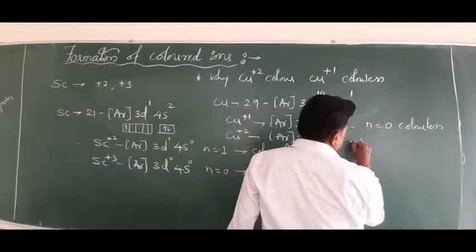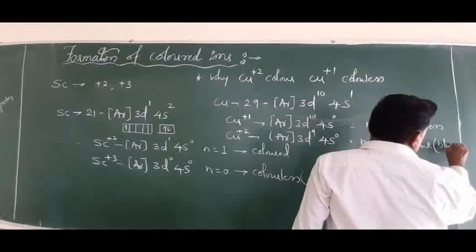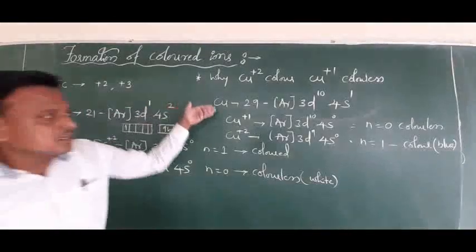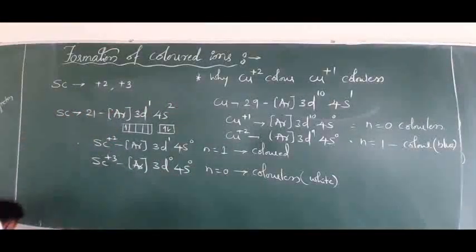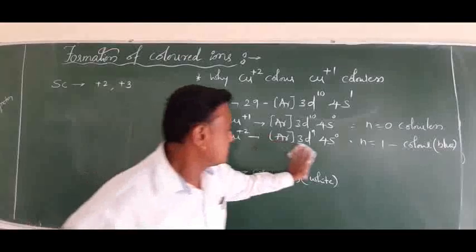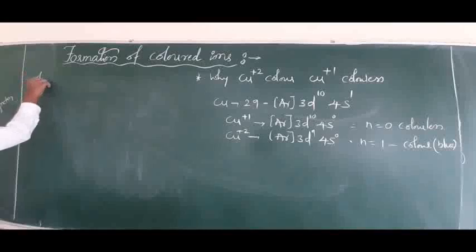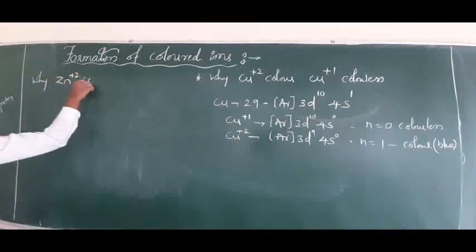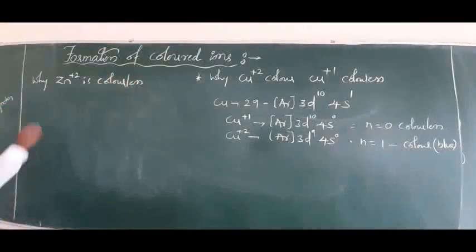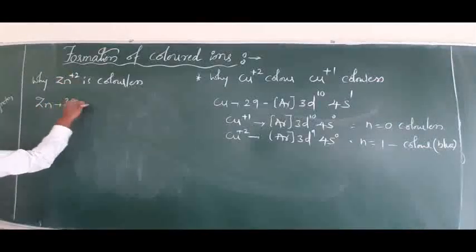Therefore, n equal to 1. So it is colored, especially a blue color. And this is also an answer. Scandium, you consider in a copper. If you want another best example from our syllabus, it is zinc, friends. Many times they ask this question: why is zinc +2 colorless? Very simple, the same. Zinc atomic number is 30.